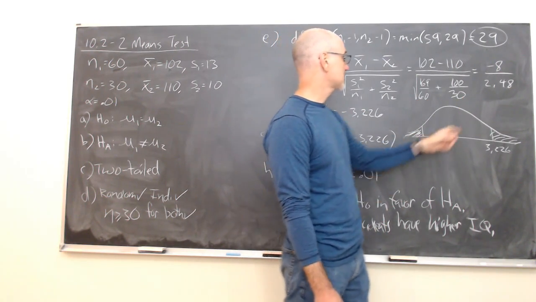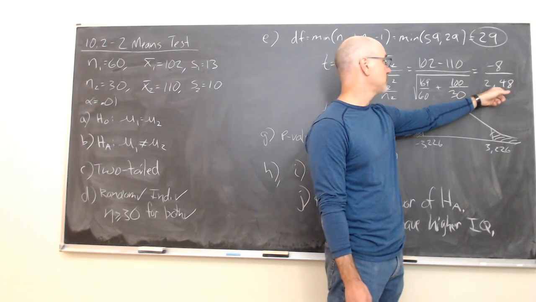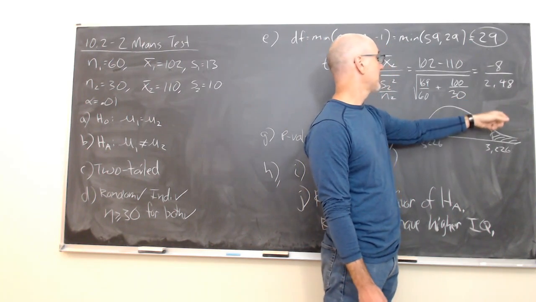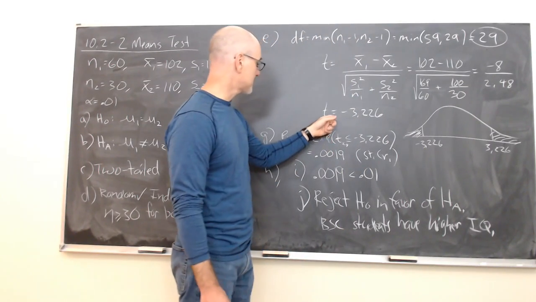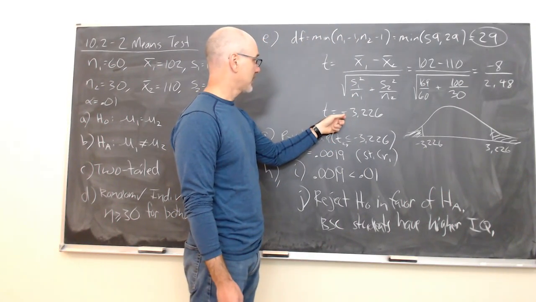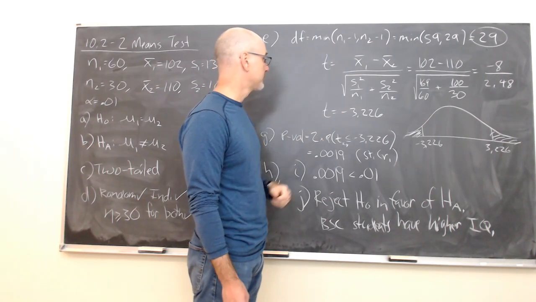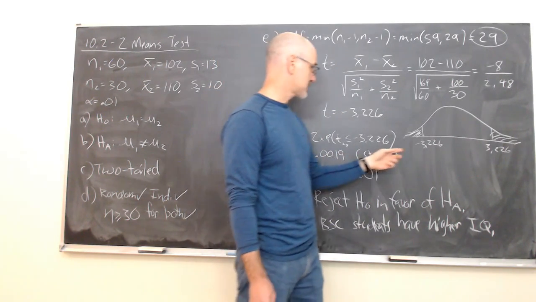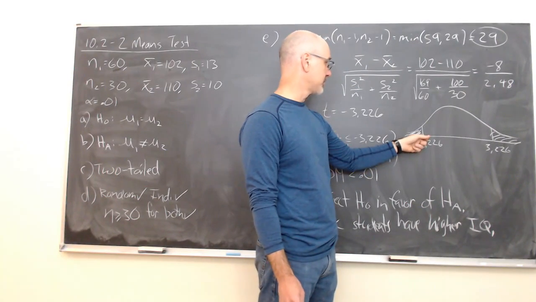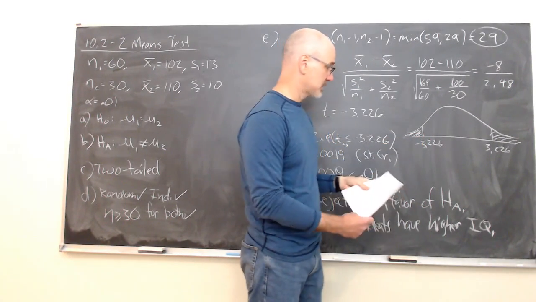That gives us a standard error of 2.48, and we're dividing that into minus 8, so our t statistic is this, minus 3.226.